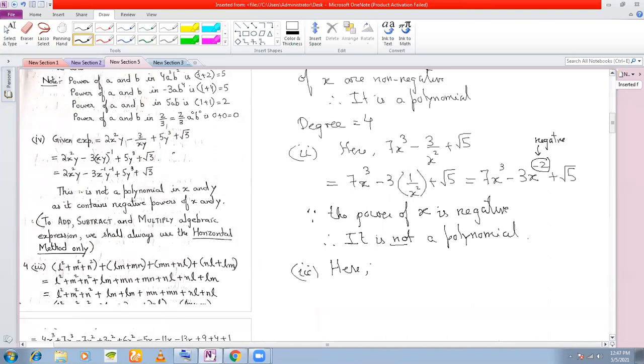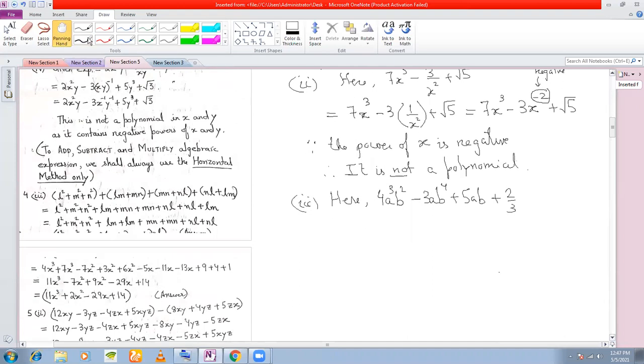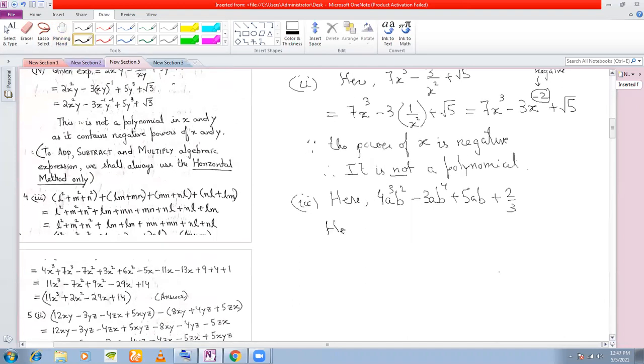Third one. Third question you had, 4a cube b square minus 3ab to the power of 4 plus 5ab plus 2/3. Someone had a problem with this, so listen carefully. What are the variables here? The variables here are a and b. If you see, all the powers of the variables are non-negative.